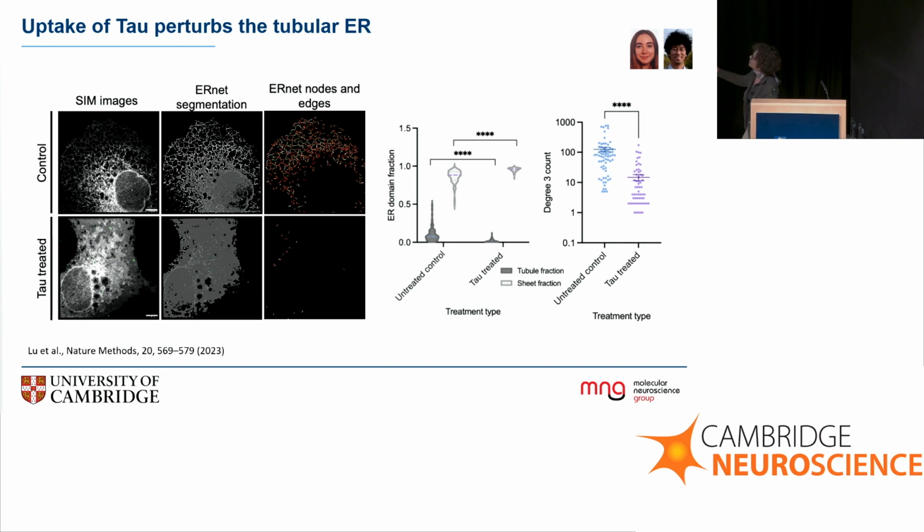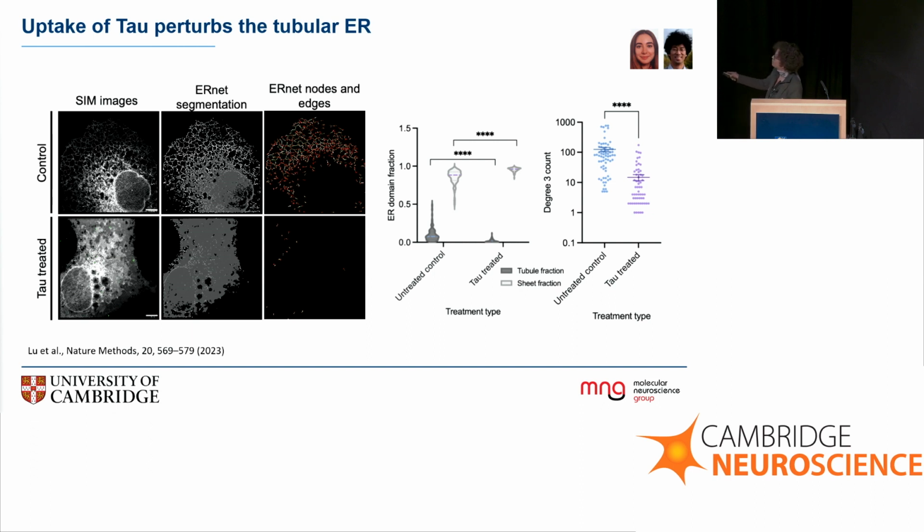And so what we did, we incubated COS7 cells again with exogenous tau, and then we looked at the tubular ER distribution. And what you can see here, these are some control images where you see this beautiful tubular ER network in these COS7 cells.